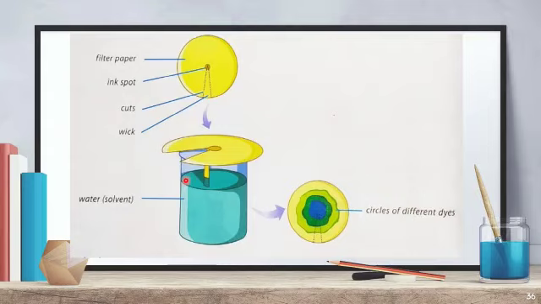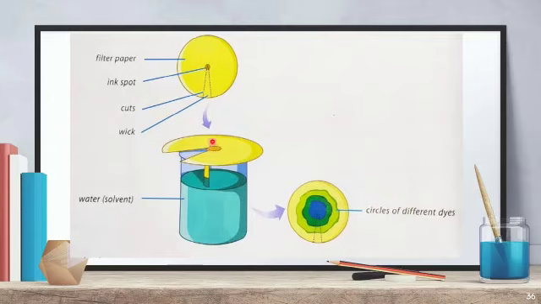Now, once you cut a wick out of a circular filter paper, you place a dot of ink in the center of the paper. The ink from felt tip pens works particularly well. If you place your pen over here and place a dot here, the wick is bent down into a beaker.